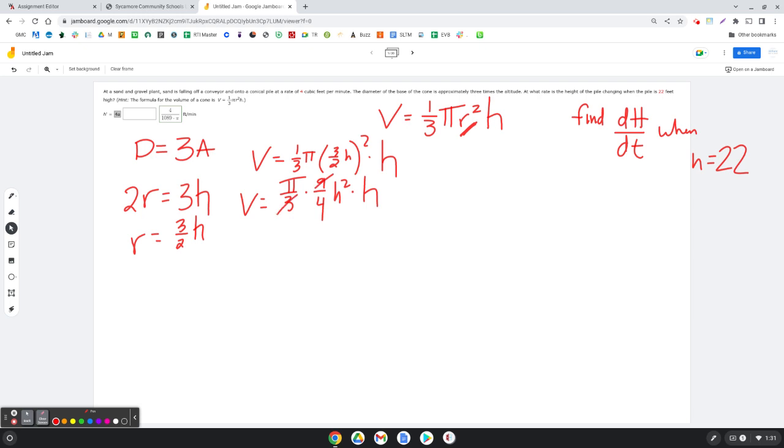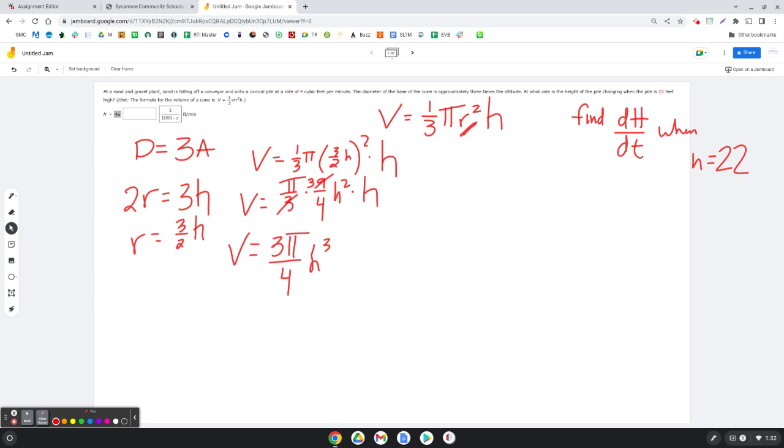This 9 cancels with that 3. Follow that. So I still haven't done any calculus yet. So far, so good. Now we've got it just in terms of v and h.